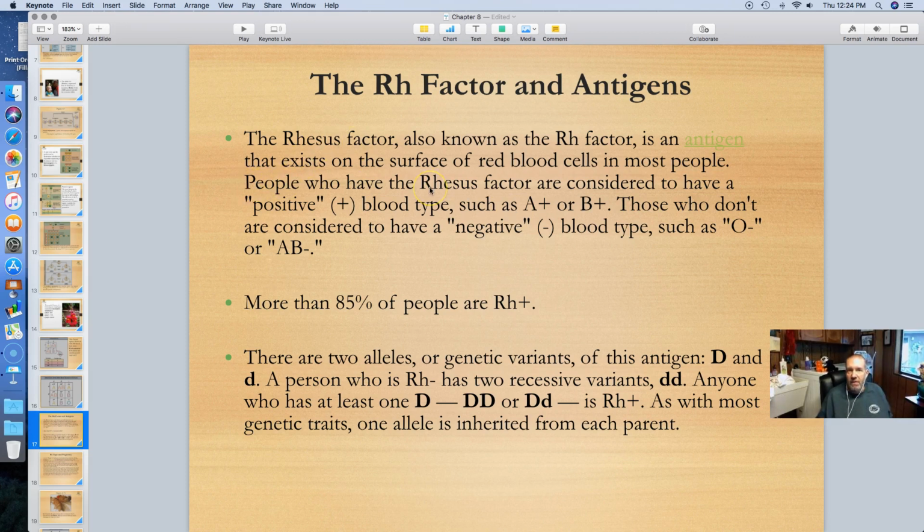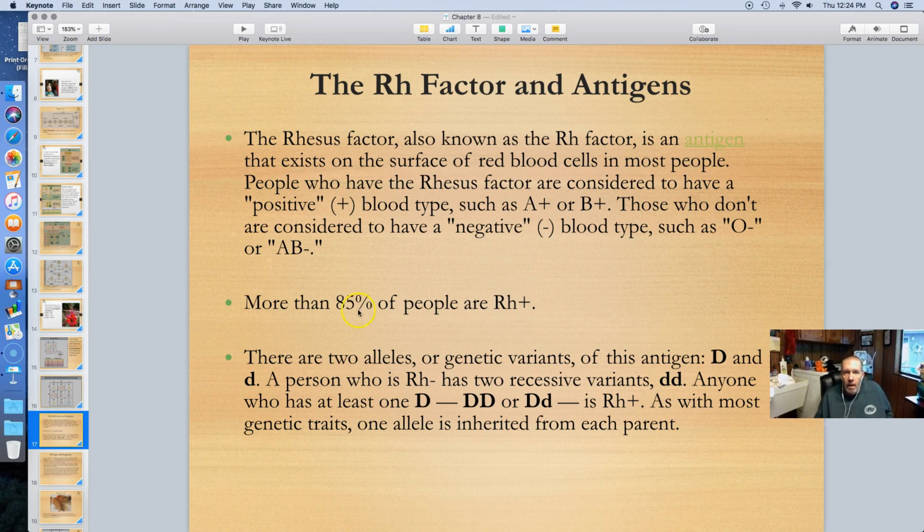If you have the factor, you're considered to be a positive blood type, so you can be A positive, B positive, whatever. If you don't have that antigen, then you're considered to be a negative blood type, like O negative, AB negative. Most people have that positive factor, that antigen, about 85% of humans. So if you're a negative blood factor, you're fairly rare as things go.